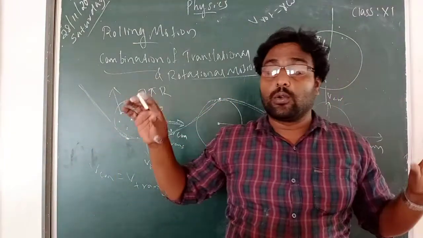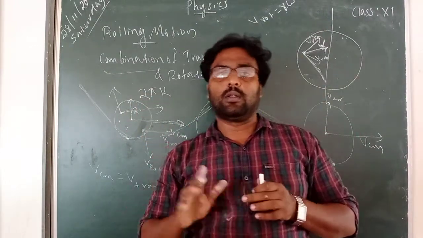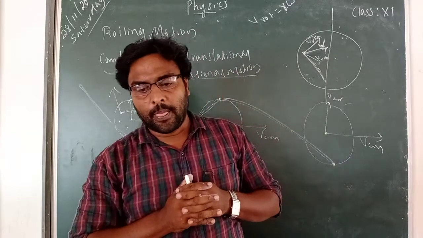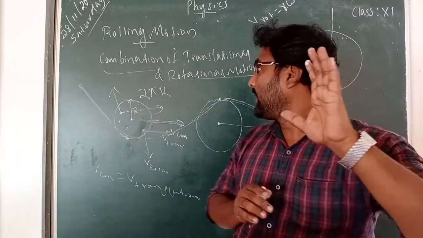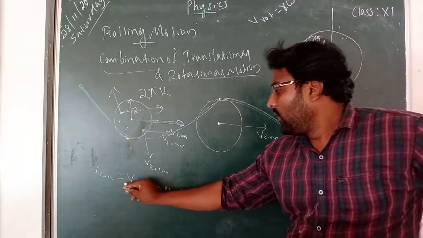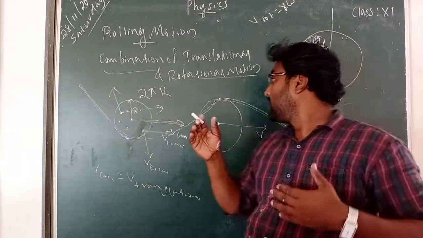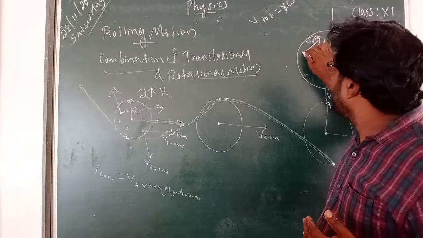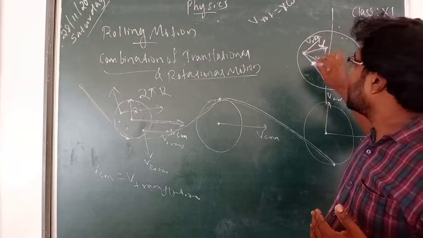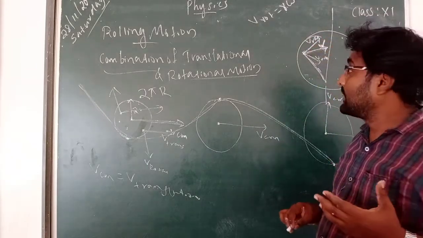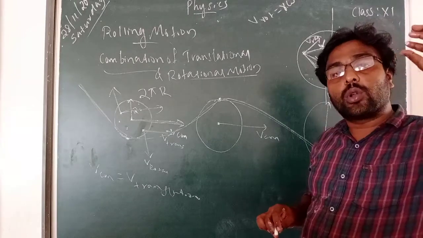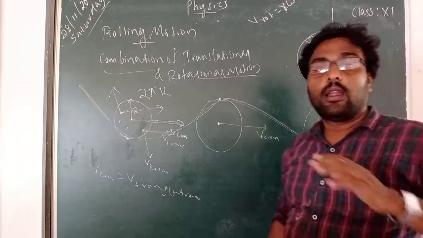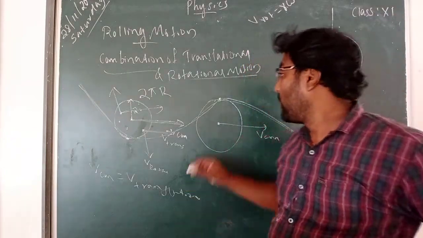Now we are going to the conclusion part. Finally, how can we conclude this? When this moves, from this point of contact the motion has V rotational and V translational, and the magnitude of V translational and V rotational is always equal.